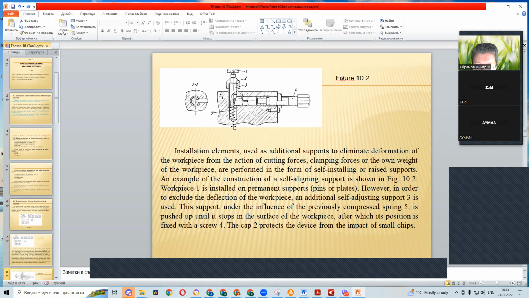The cap 2 protects the device from the impact of small chips.